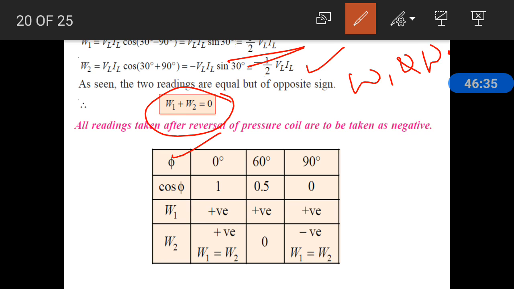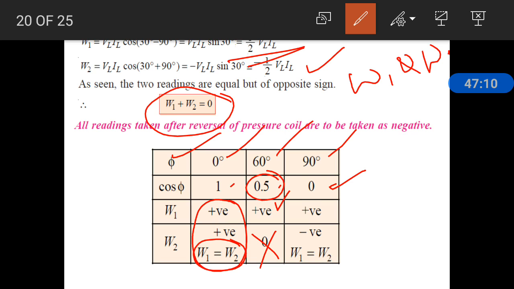So phi is given in the first row as 0, 60 degree and 90 degree. So cos phi is 1, 0.5 and 0 in the third. So in the first condition, power factor is 1, both are positive and equal values. At 60 degree, 0.5 power factor, only one wattmeter shows a positive reading and the other one, W2, is 0 reading.